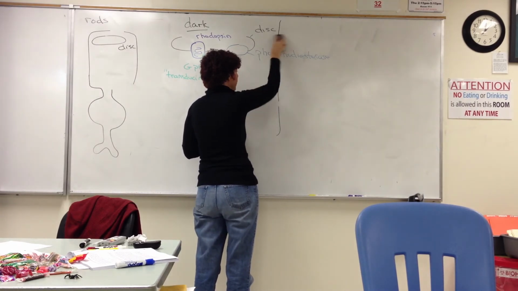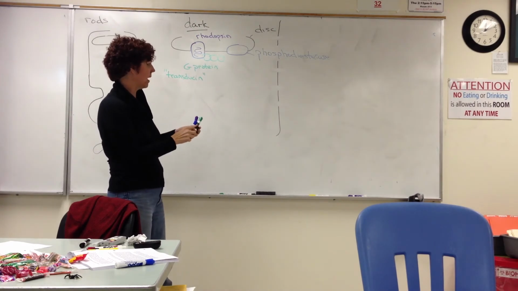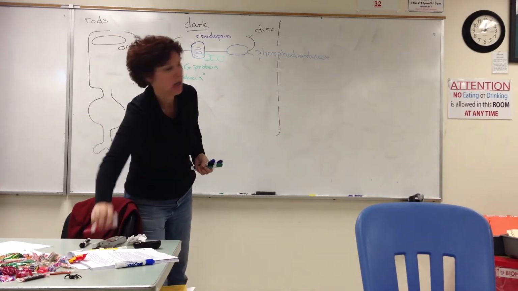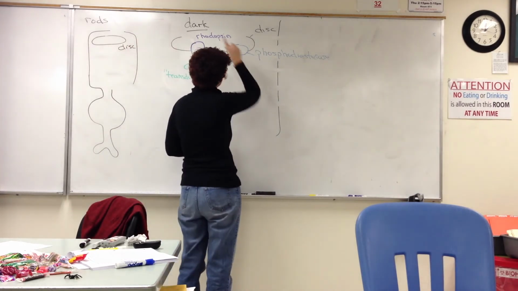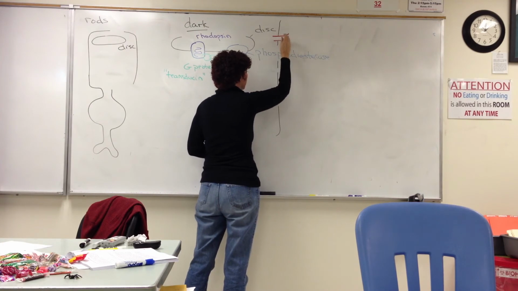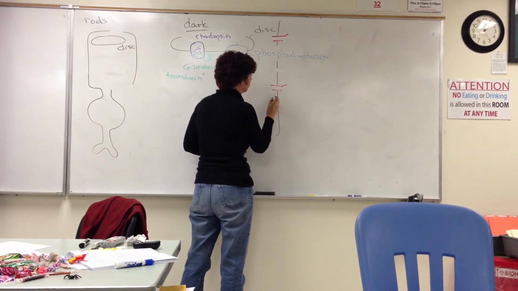It has leak potassium channels and gated sodium channels, which are the ones that we're most concerned with here. So in the dark, and this is unusual, the gated sodium channels are open.